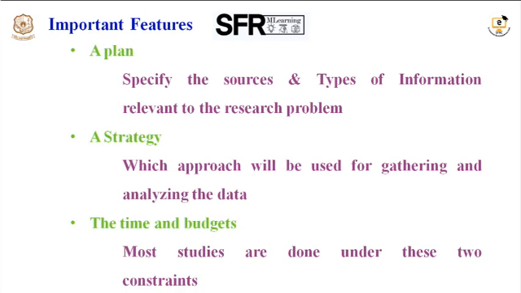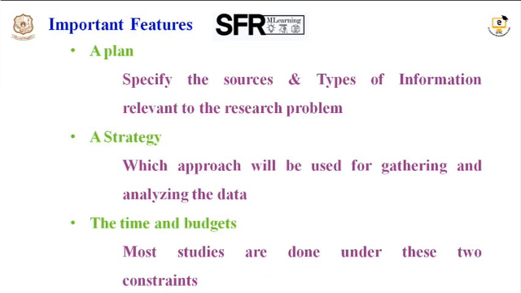Finally, the important features. Let's elaborate on the topic, which is a plan first. Specify the sources and types of information relevant to the research problem. Strategic thinking: which approach will be used for gathering and analyzing the data.